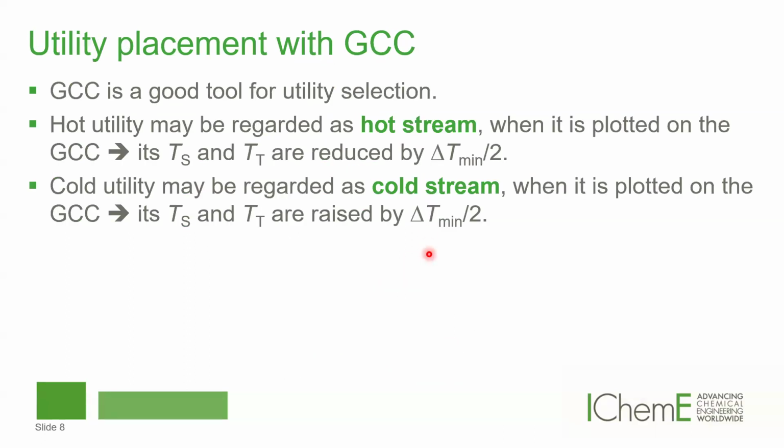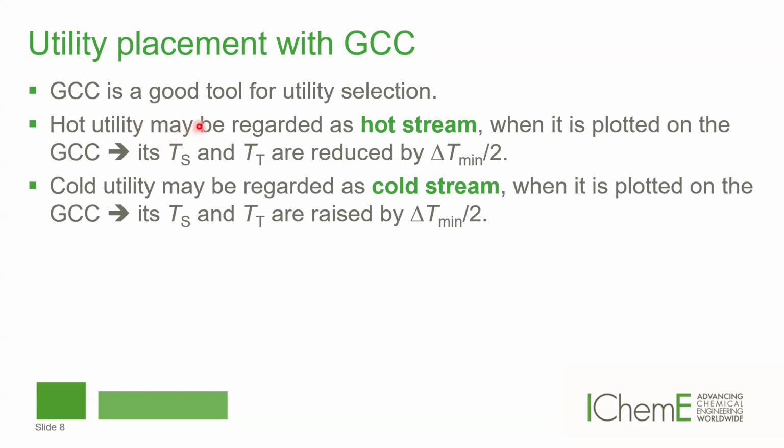Right. Next, we move on to the utility placement using the grand composite curve. So in doing utility placement with the GCC or grand composite curve, what we need to do is regard the hot utility as another hot stream which has to be plotted on the grand composite curve.